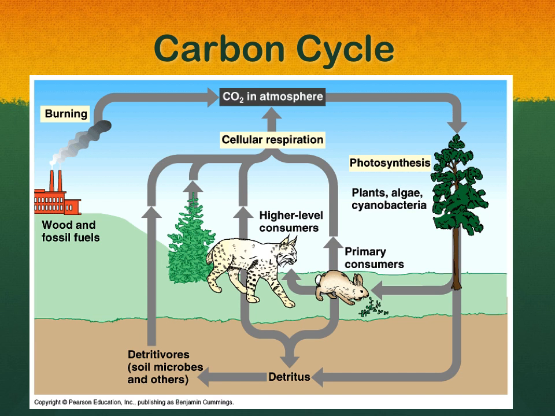Carbon cycle. Here we have plants and other producers extracting CO2 from the atmosphere using energy from the sun and converting it into sugar. Then the producers and consumers use the sugar from the carbon as a source of energy. The carbon will then move through the food chain. It will be released back into the atmosphere through respiration.